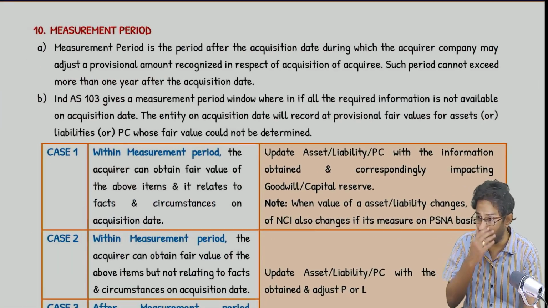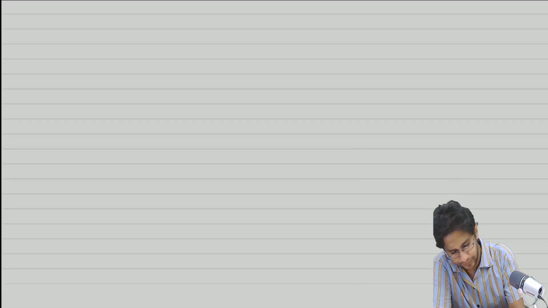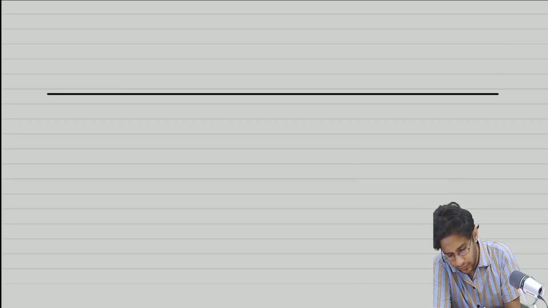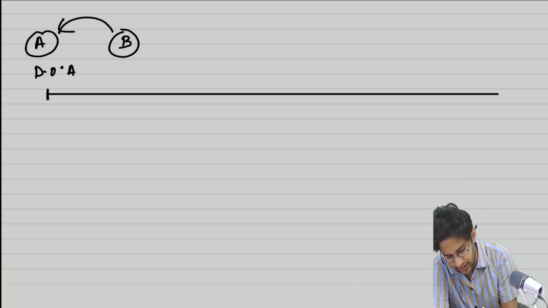Next, coming to a small concept called the measurement period. Suppose A Limited took over B Limited. This is the date of acquisition. Let us say this date is 1/4/2024.